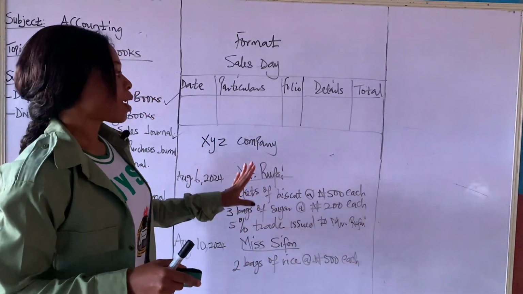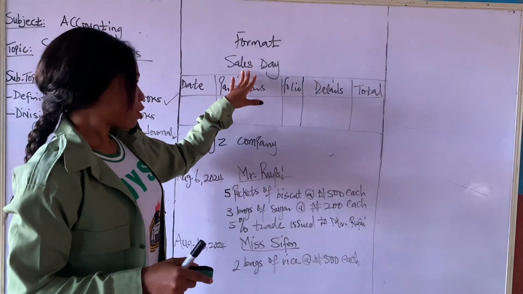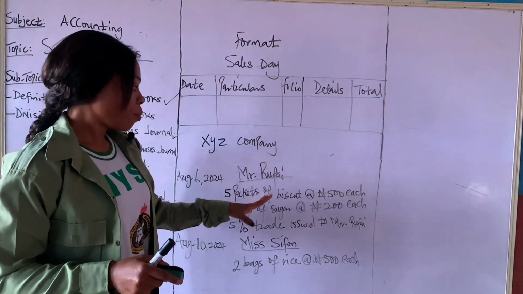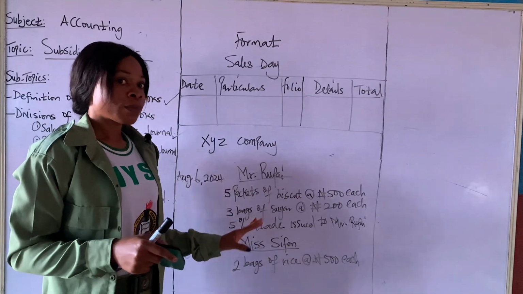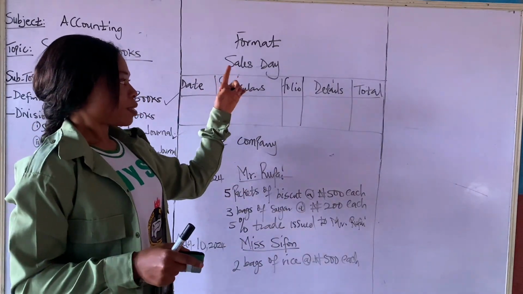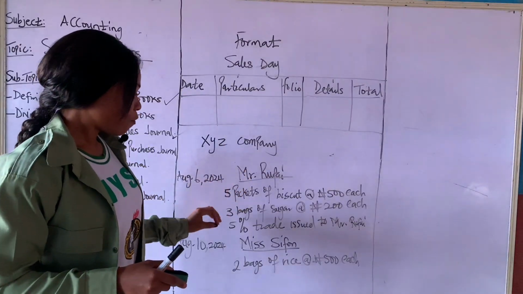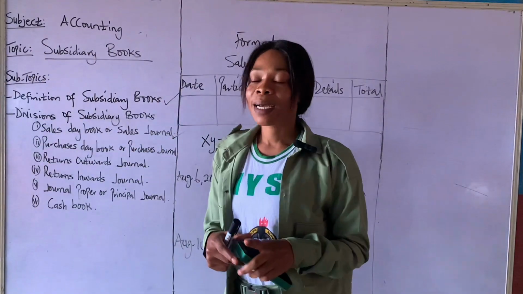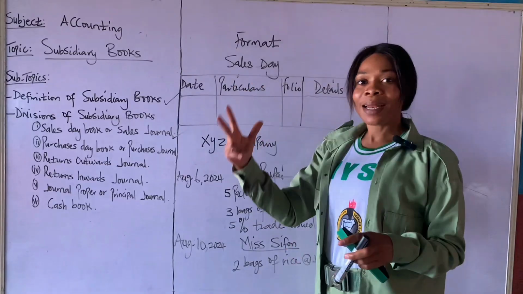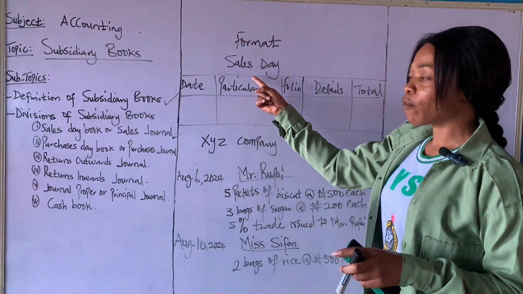Okay, let's see how we can post this transaction in a sales day book. Remember, this is the invoice. Sales day book picks its transaction from the invoice. Also note this, that in sales day book, anything that has to do with cash sales does not have expression here.